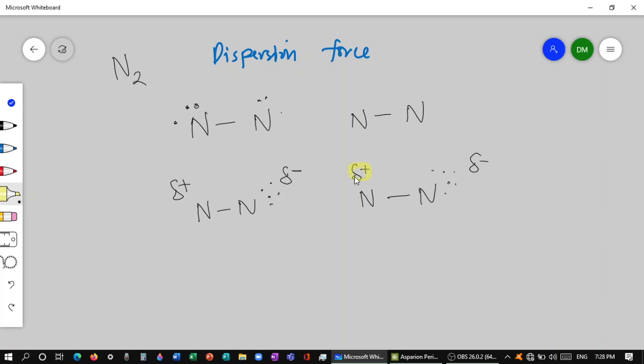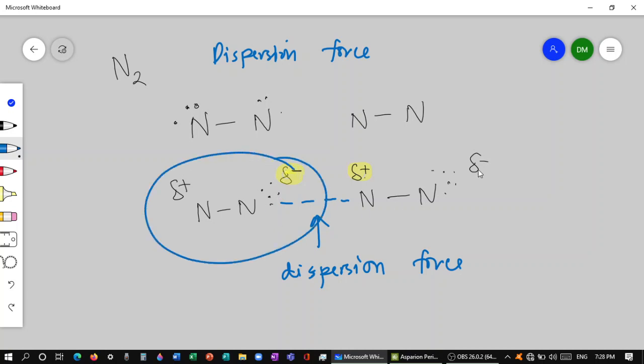Here we have a partially positive side, and this one we have a slightly negative charge. And again, there's opposite charge, and this one will actually attract this one. We call this force a dispersion force. This one is the weakest force and is only temporary. So dispersion force occurs between a nonpolar and another nonpolar molecule.